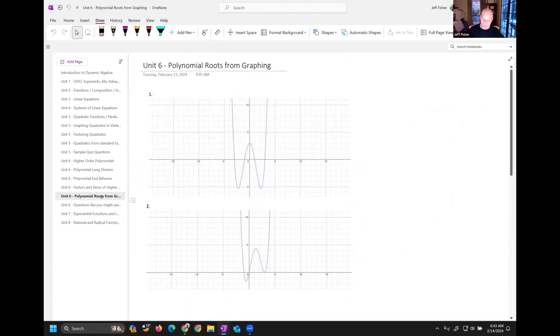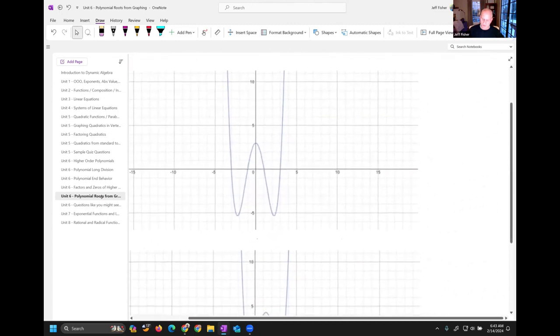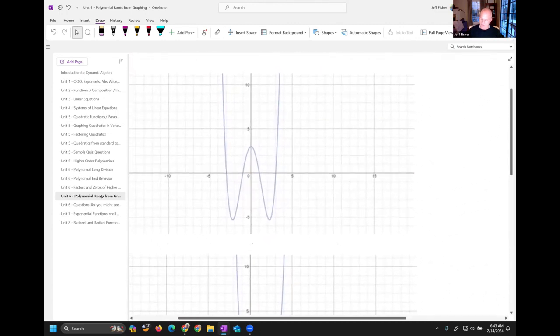Now we have these questions about polynomial roots from graphing. What else do we have to figure out? This is the next worksheet, worksheet 6B. And this one's not too bad. What this is saying is, how do I find out what the roots are just by looking at the graph of a higher order polynomial? Well, it's easy.